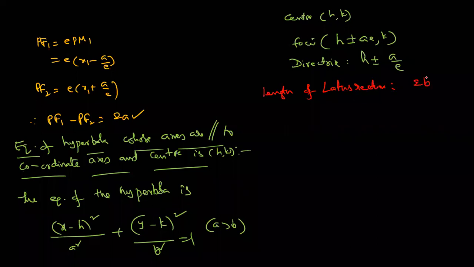What is the formula? 2b square by a. Minor axis whole square by major axis, directly construct this one. What is the value of the minor axis? Here 4b square by 2a means 2b square by a is coming, satisfied?